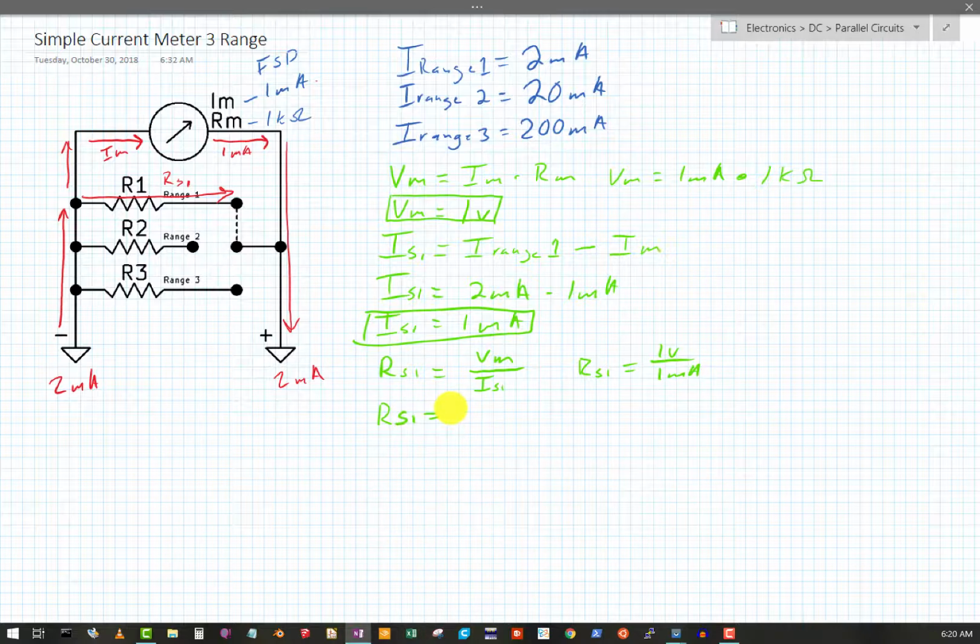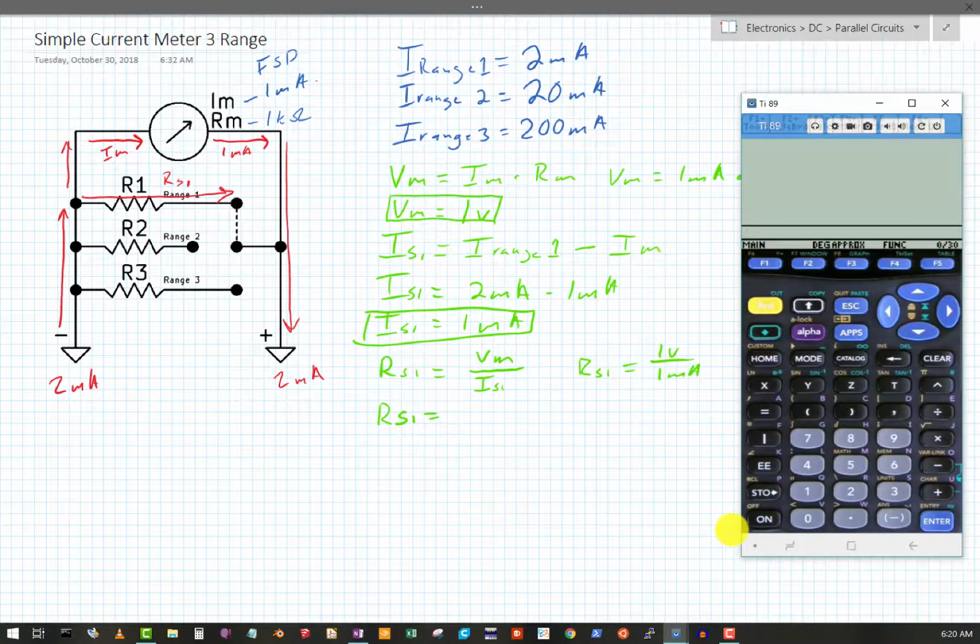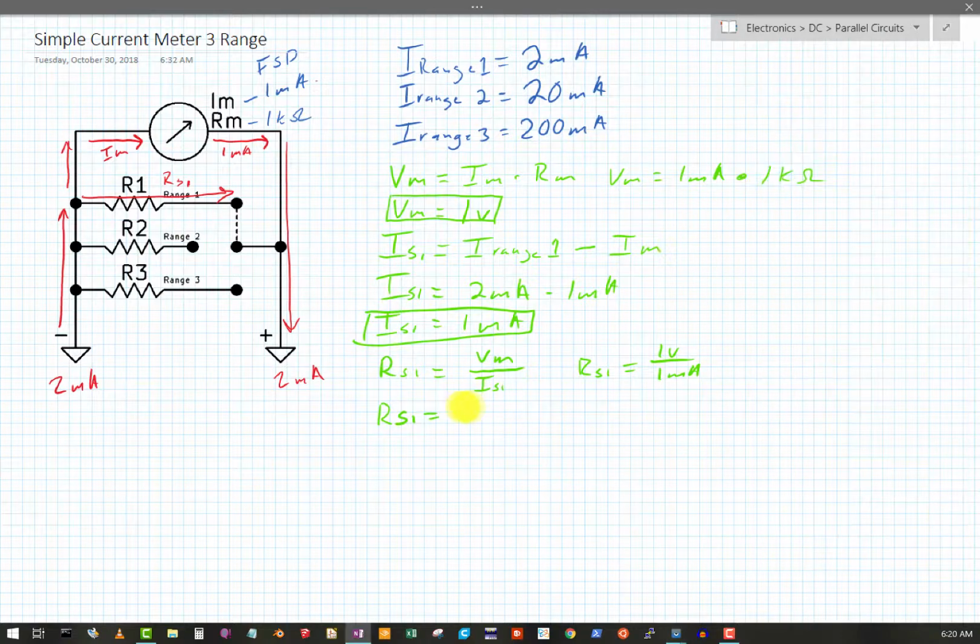Alright, let's just bring in the old calculator just to see it happen. 1 divided by 1 milli. So we're right back to 1,000. Let's write it in engineering notation: 1 kiloohm.